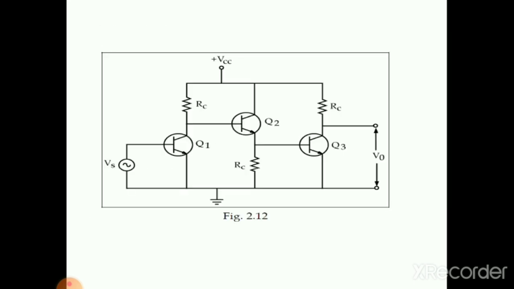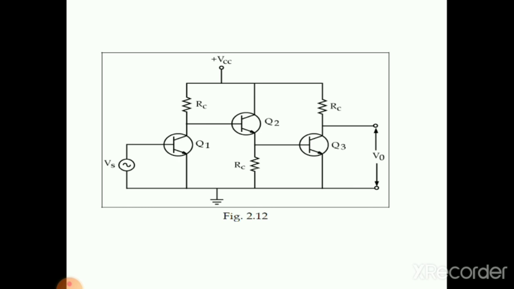If you see the circuit diagram, you can easily tell what is going on in this circuit and how the connections are made. First, the VS signal, the input supply signal which is to be amplified, is applied to the base of Q1.